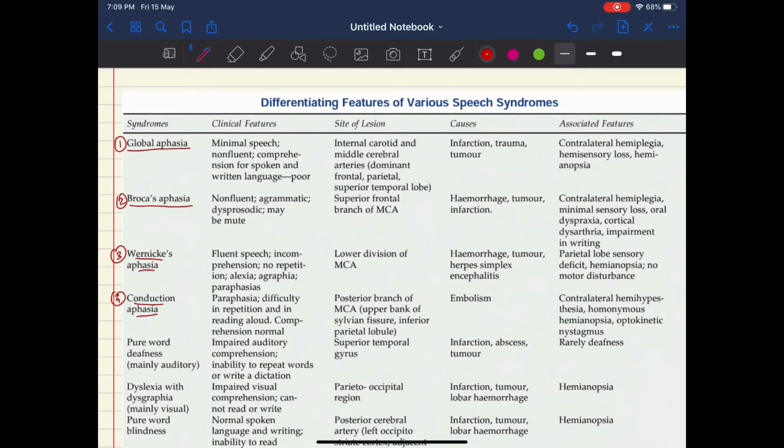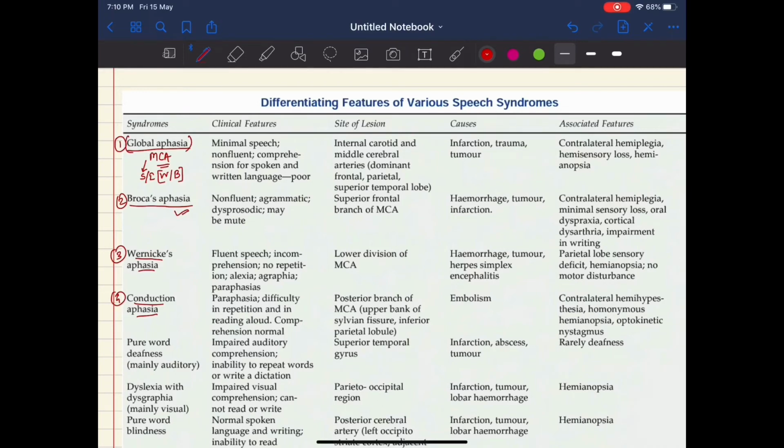So global is involvement of the MCA territory. The middle cerebral artery is blocked. It leads to involvement of superior as well as inferior branch. So Wernicke's as well as Broca's is involved. This is called global aphasia.